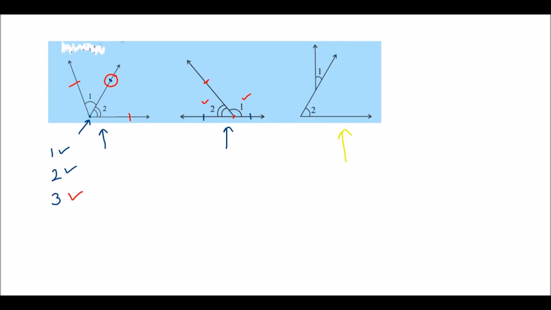Now here the very first condition is not satisfied by these two angles. The vertex of angle 1 and vertex of angle 2 are not coinciding. So the very first condition is not satisfied here. We will not be checking for the other conditions, and we will say that these two angles are not adjacent to each other.